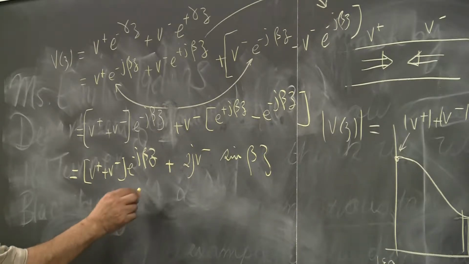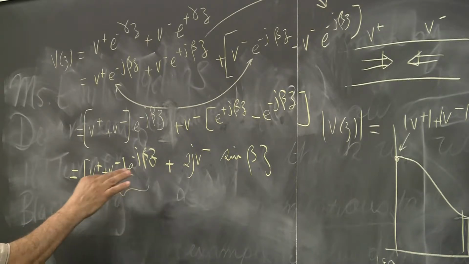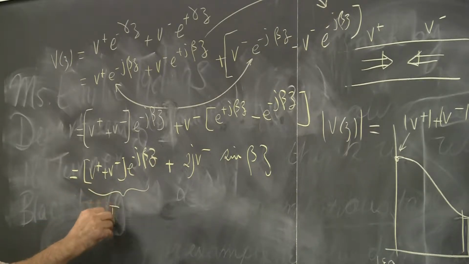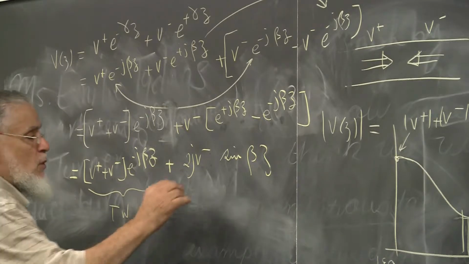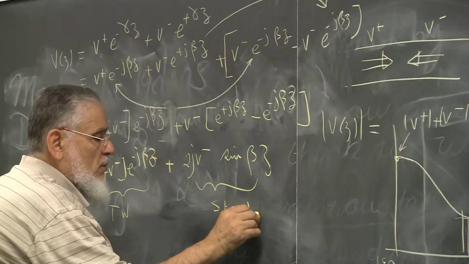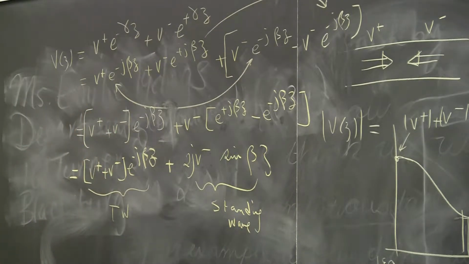So as you can see, this one here is a traveling wave of the intensity of v plus v minus. That's the traveling wave. Well, this one here is what we call a standing wave. Why do we call it standing wave? Let's convert both of these to the time domain, and you will see.